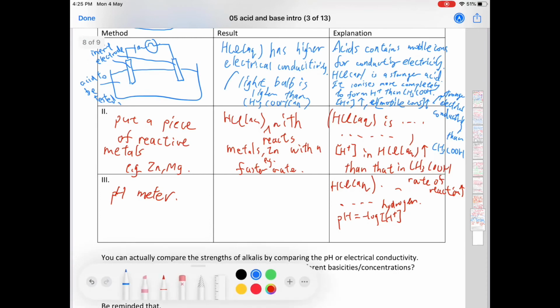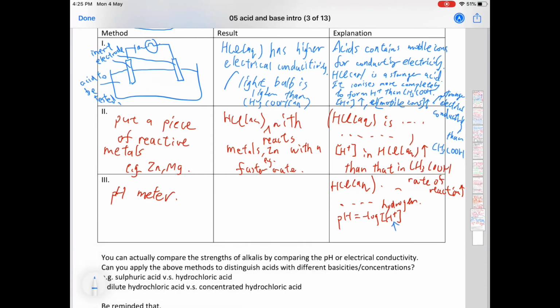If H+ increases in concentration, and log is an increasing function, then when the concentration of H+ increases, this log term will also increase. And when we add this negative sign before it, the trend will be just the opposite, so the whole pH value will decrease.